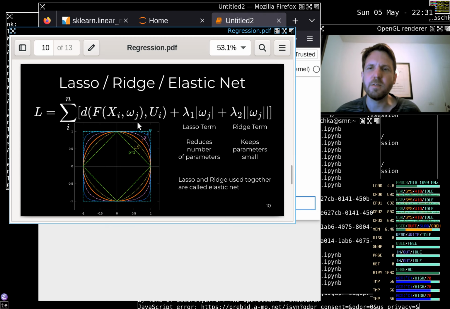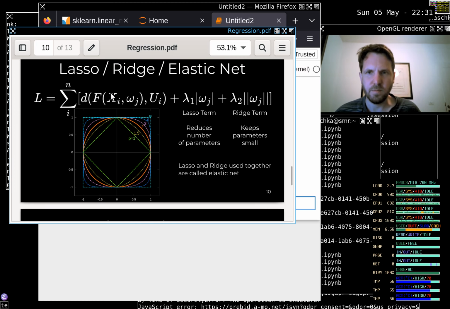This here is our regression formula. This is the term that we will minimize. We will minimize this distance here between the predictions and our y value. This here is our distance. And we have here lambda 1 and lambda 2, the ridge term and the lasso term, as I outlined in the last lecture.